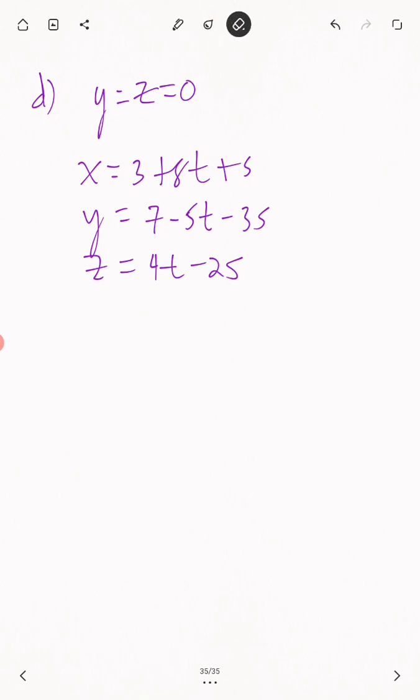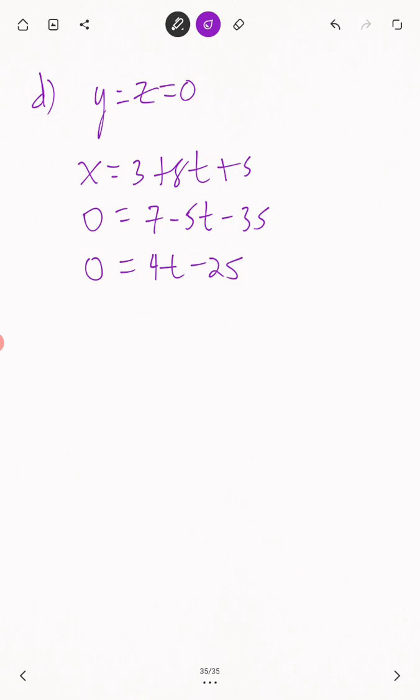So I'm going to replace y and z with zeros because I want the x-intercept. And once I do that, I can then solve for s and t by either substitution or elimination. So let's go ahead and do that quickly.